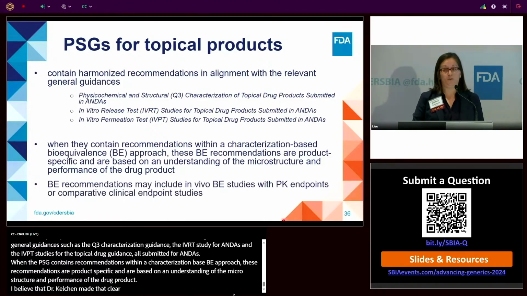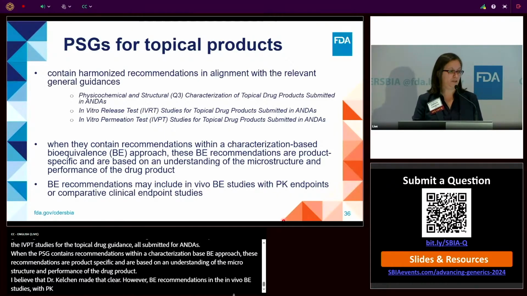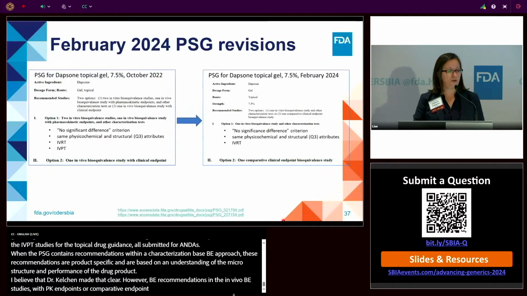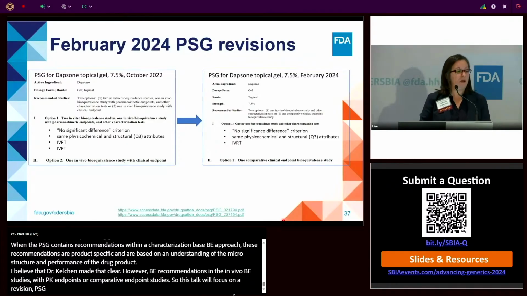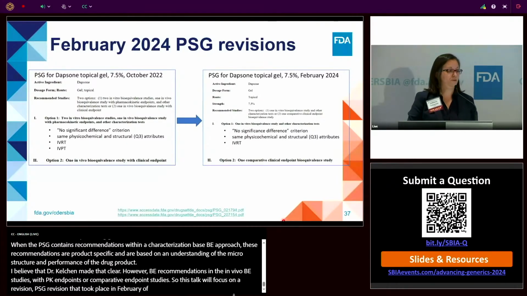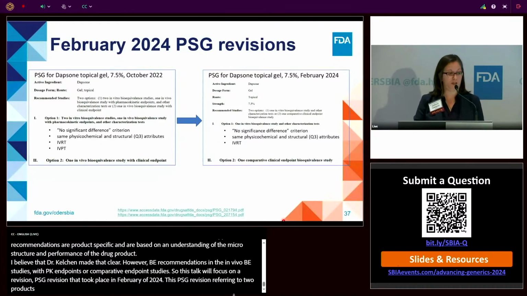However, BE recommendations in the product-specific guidances may also include in vivo BE studies with PK endpoints or comparative clinical endpoint studies. So this talk will focus on a PSG revision that took place in February 2024. This PSG revision refers to two products, the Dapsone topical gel 7.5% and the Dapsone topical gel 5%.